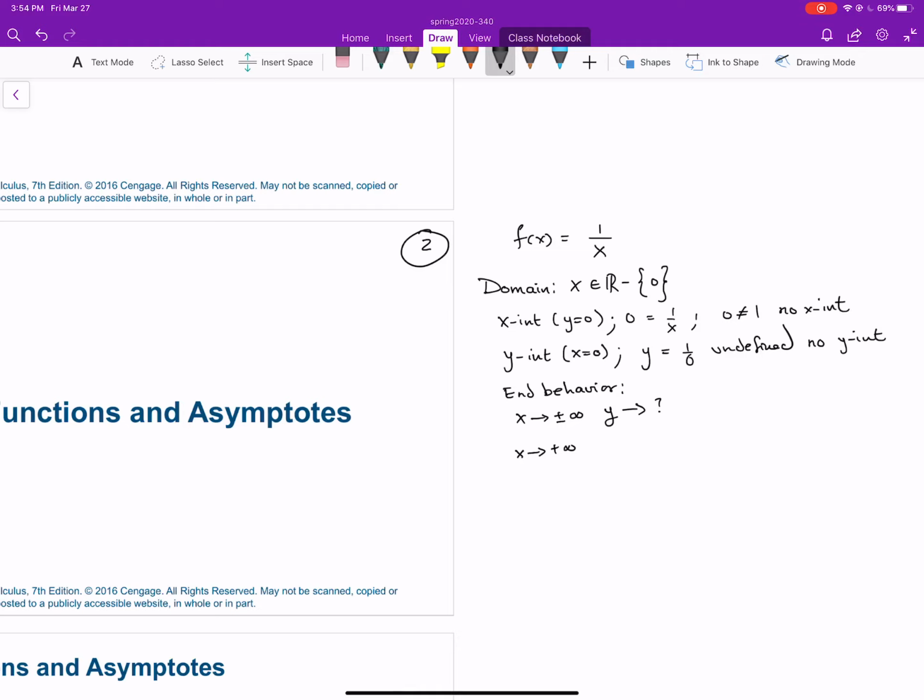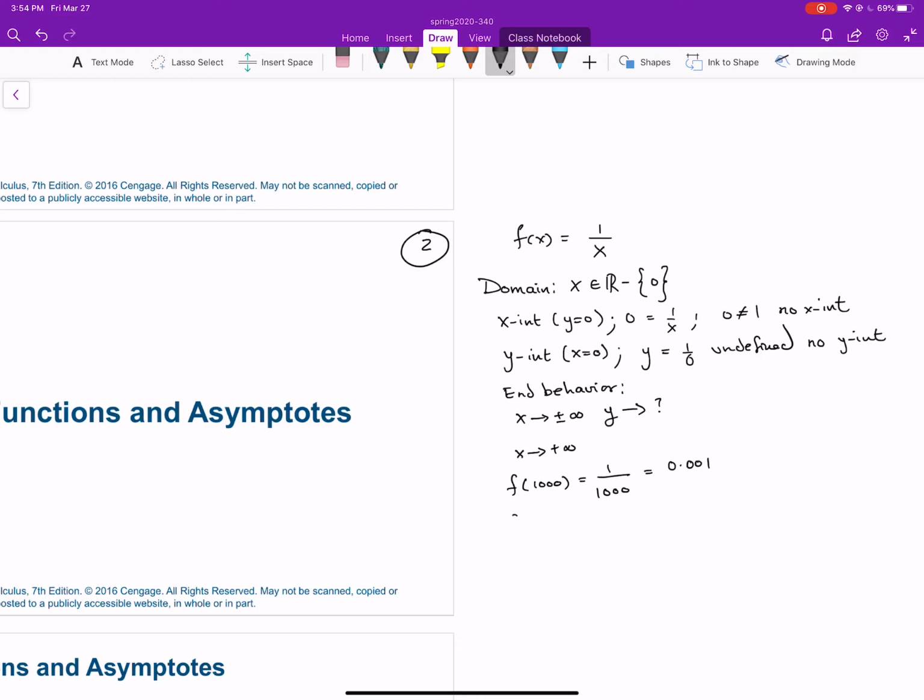For example, I'm thinking of 1,000. What's f of 1,000? Let's see what the behavior looks like. I have 1 over 1,000, which gives me 0.001.